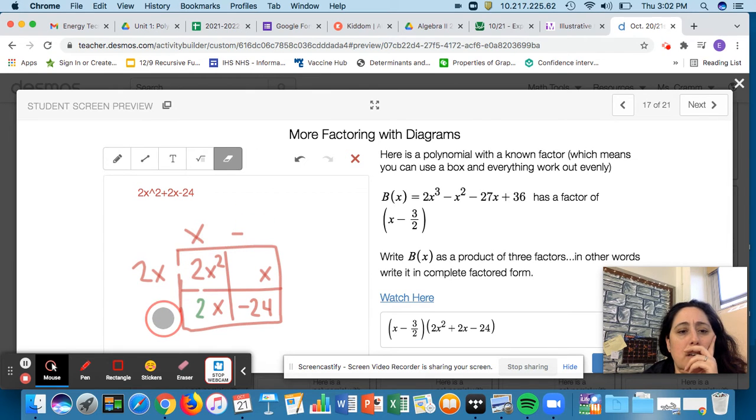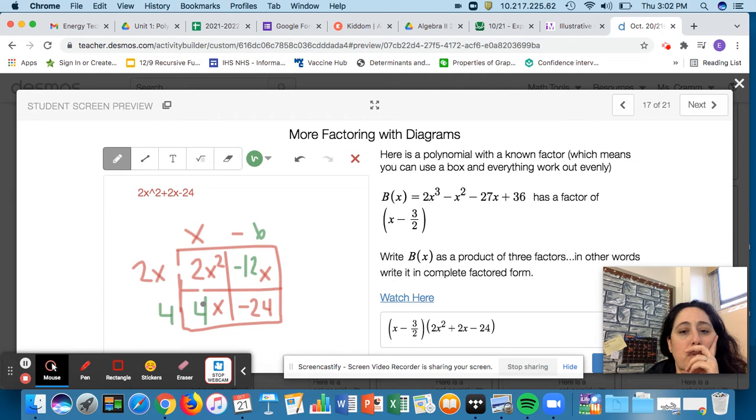All right, so let's try 6 and 4, right? So I'll just put the 6 here, the 4 here. I forgot to erase this too. All right, so 4 times x is just a positive 4x. 2 times negative 6 is negative 12.